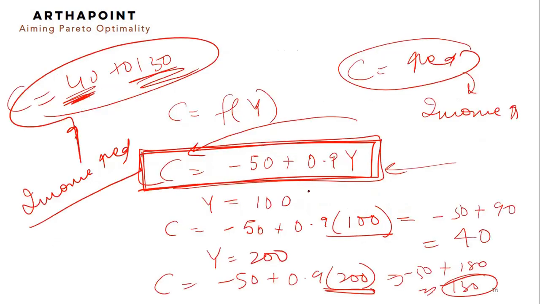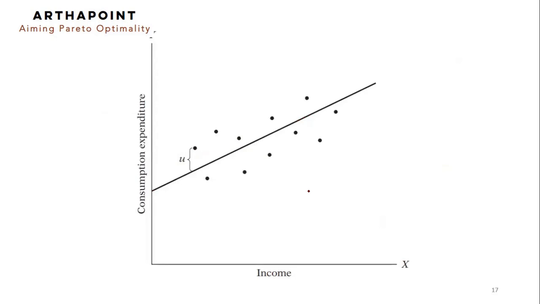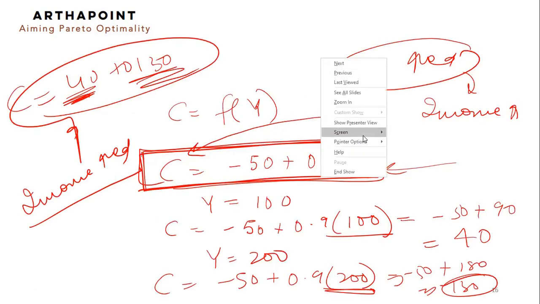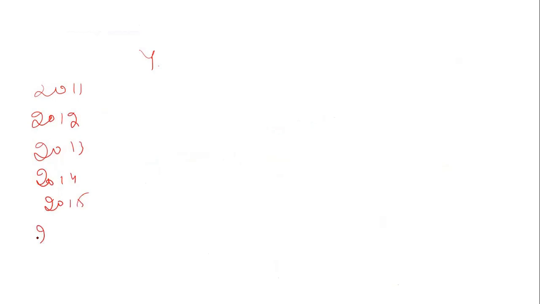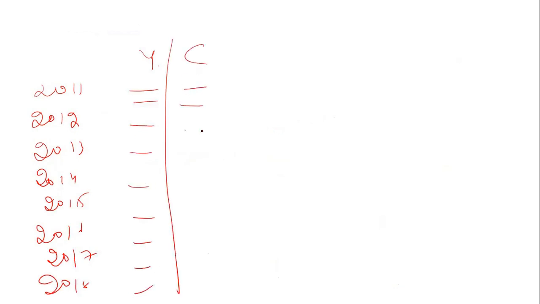What does that mean? Supposedly, I had given you my income level of 2011, 12, 13, 14, 15, 16, 17, 18. I gave you different income levels, and for each year, I gave you my level of consumption.